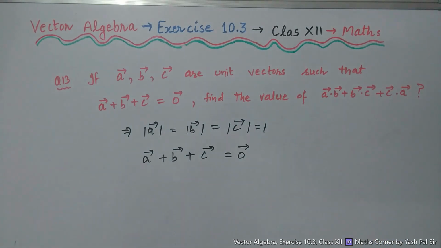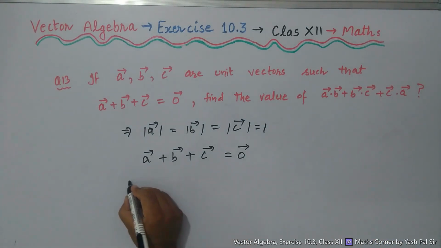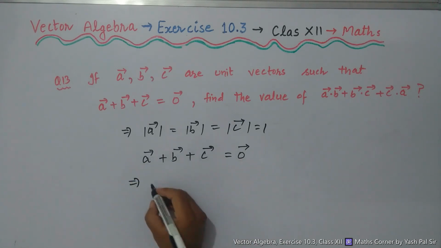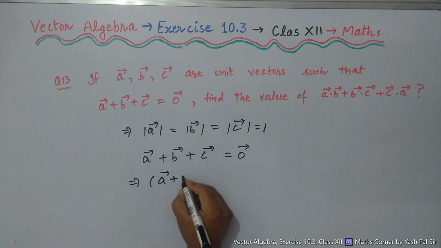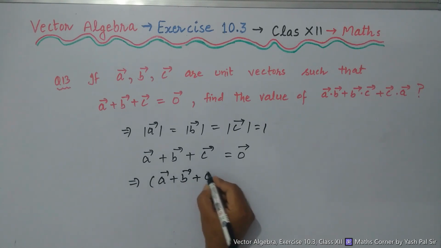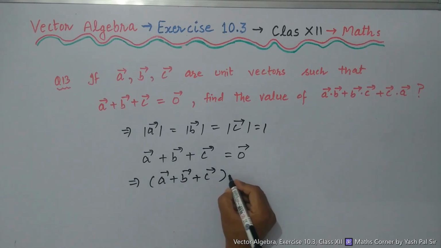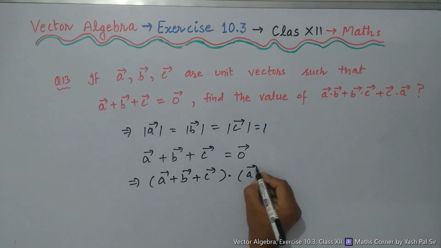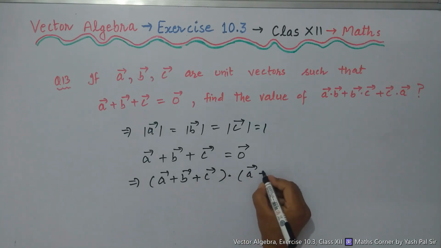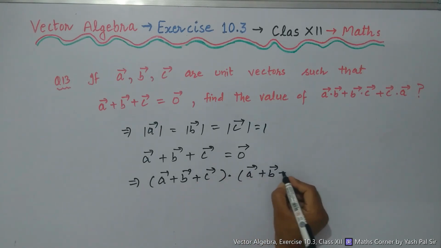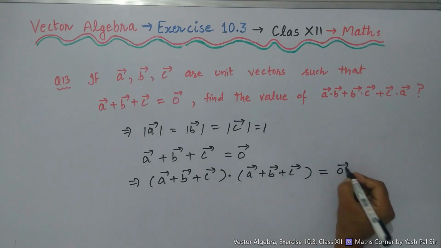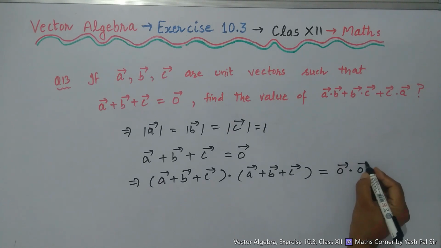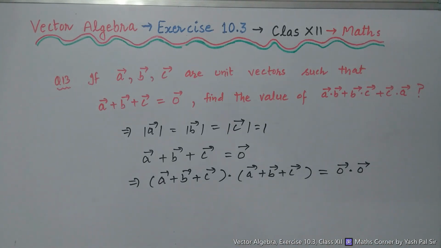So here what we do, from this given statement we multiply them, A plus B plus C dot the same whole bracket, A plus B plus C. Right hand side also 0 multiplied with 0, right?